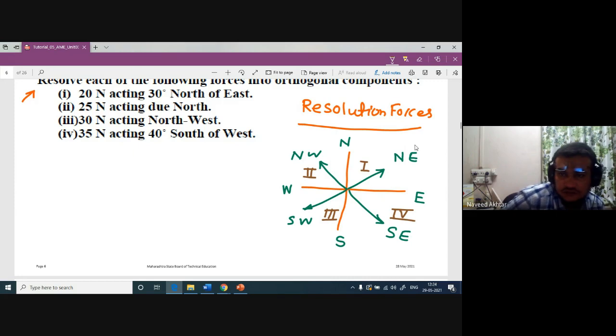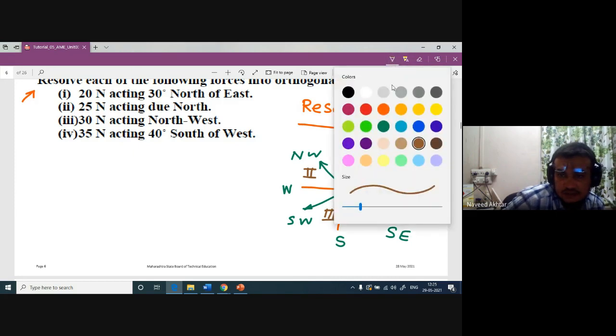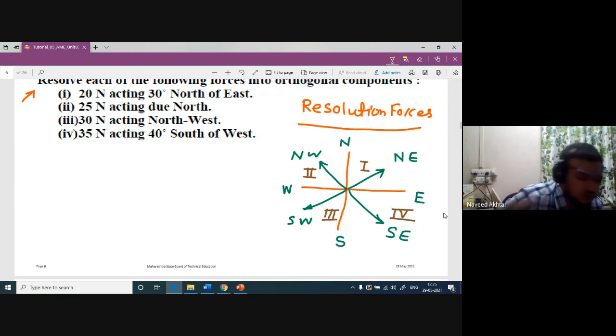And also you are saying in terms of positive x, this direction east, north is the positive y direction, west is the negative x direction, and south is the negative y direction.